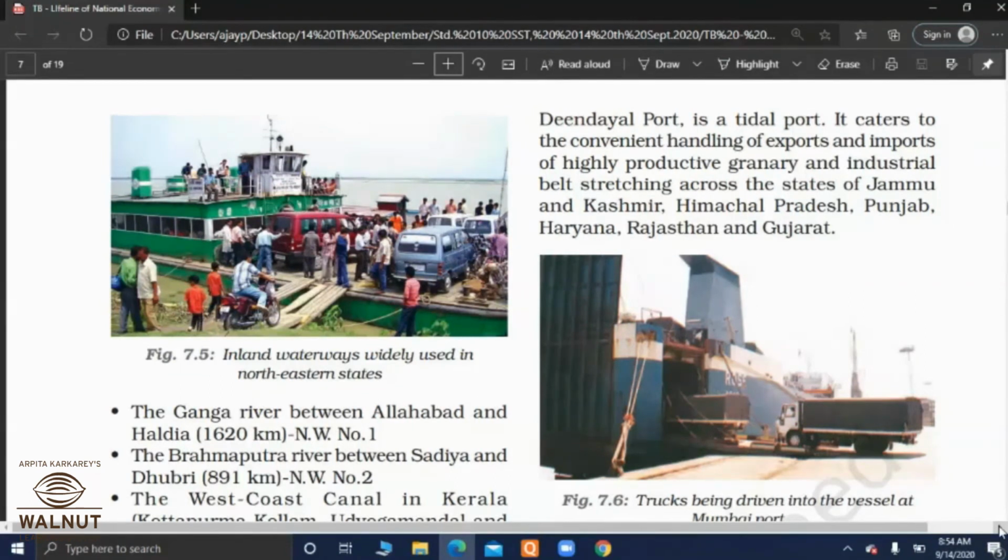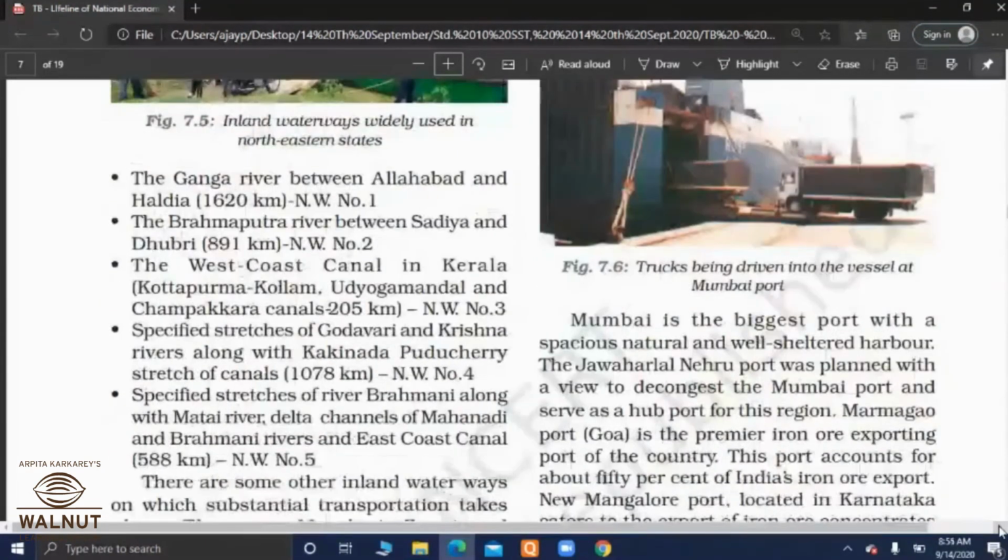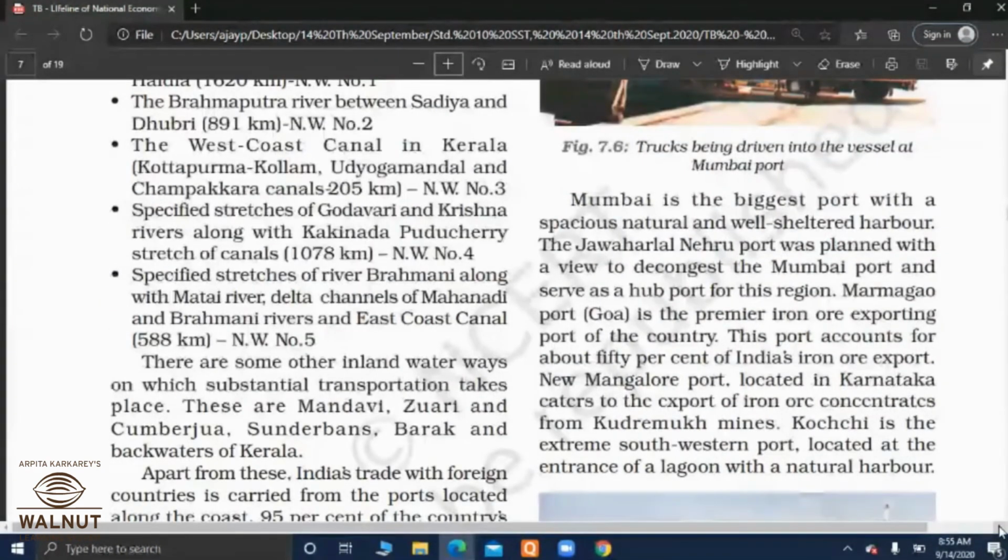Mumbai is the biggest port with a spacious, natural, and well sheltered harbour. The Jawaharlal Nehru Port was planned with a view to decongest the Mumbai port and serve as a hub port for this region.